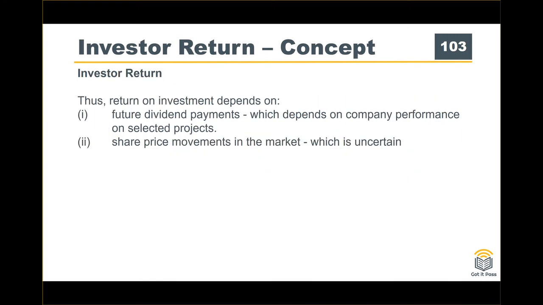Investor return depends on share price movement, which is uncertain, and on future dividend payments, which depend on company performance on selected projects, so they are a bit more certain. You can be a bit more certain about the future dividend payment, but share price movement depends a lot, and you cannot estimate it well, especially given the market sentiment.